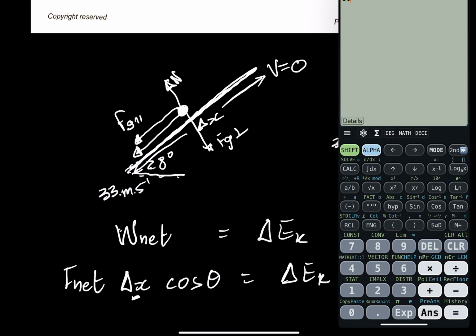So we said that's 30,000, multiplied by 9.8, times the sine of 28 degrees. Let's close that bracket there. So I get 138,024.64.